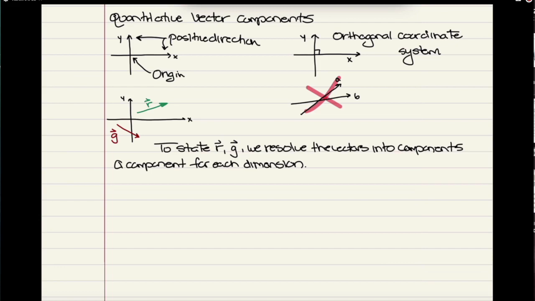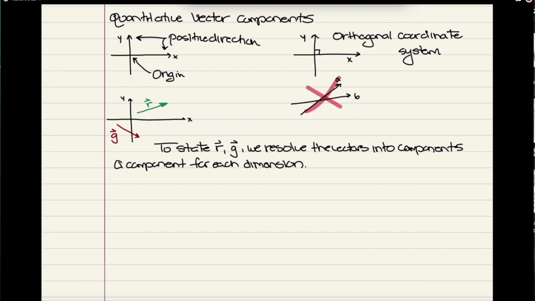Whereas the vector r is pointing slightly up and the vector g is pointing slightly down, so we would expect they also have vertical components, but the r vertical component will be positive and the g vertical component will be negative. Because if we just look at the y direction, whether it's up or down, r is pointing slightly up and g is pointing slightly down.